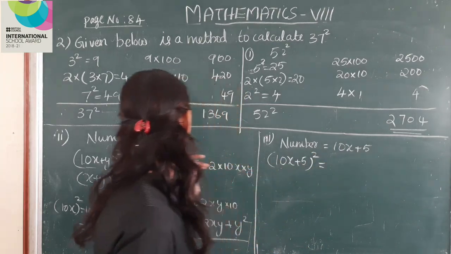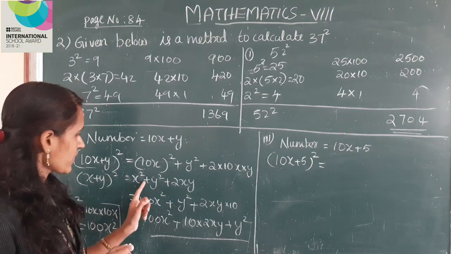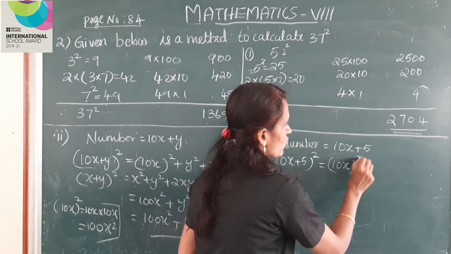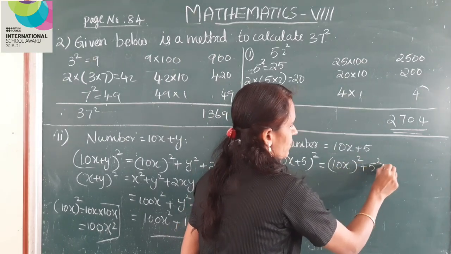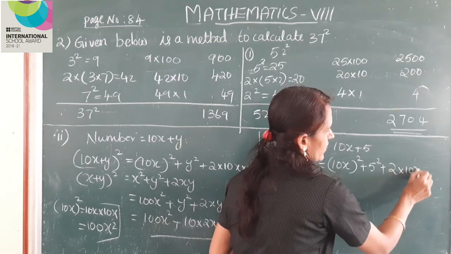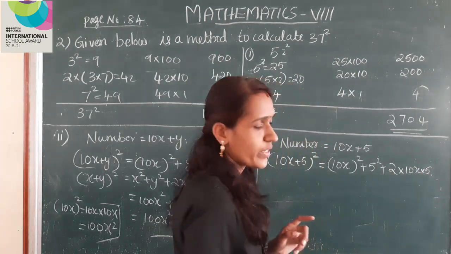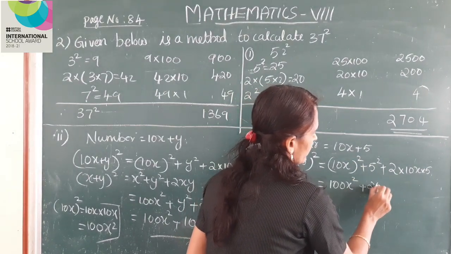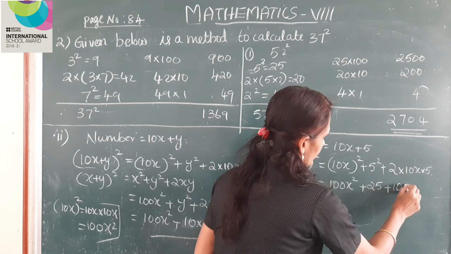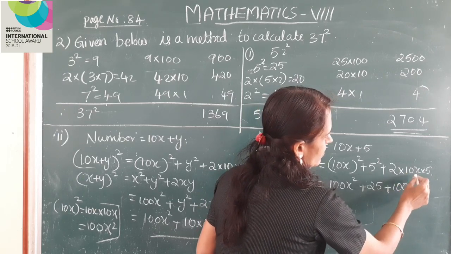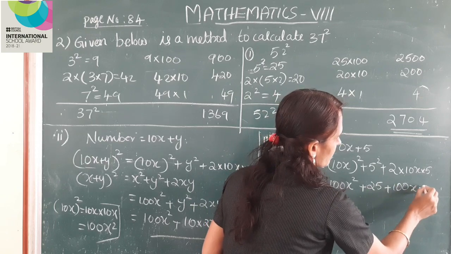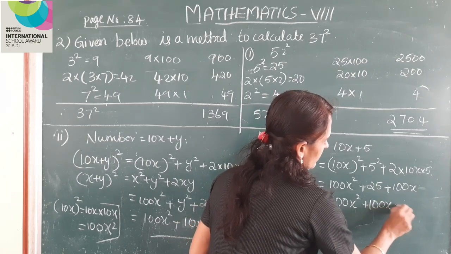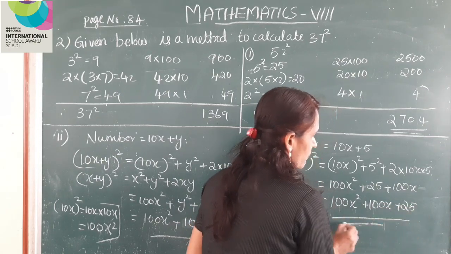Again using the identity, (x + y) whole square is equal to x square plus y square plus 2xy. This is equal to (10x) whole square plus 5 square plus 2 into 10x into 5. This is equal to 100x square plus 25 plus 100x, which is 100x square plus 100x plus 25.